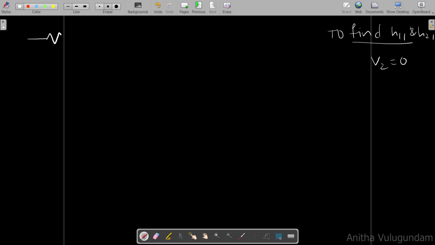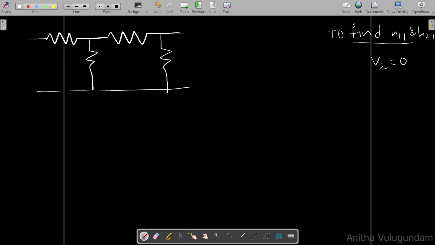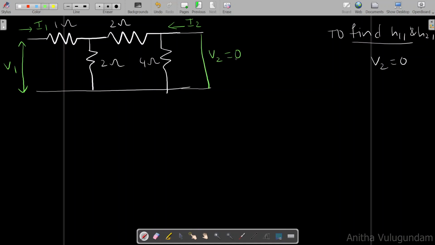I'll redraw the circuit: 1 ohm, this is 2 ohm, 2 ohms, 4 ohm, I1. V2 equal to 0 means you have to short circuit the port 2.